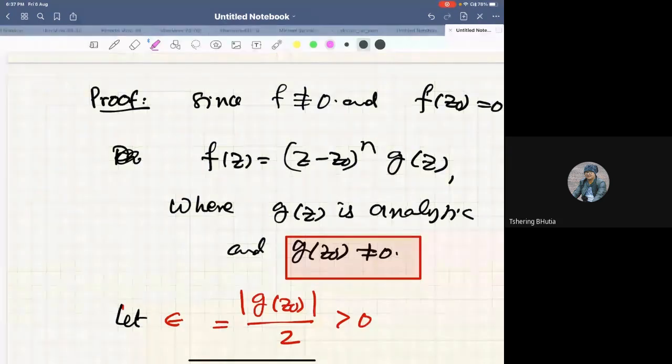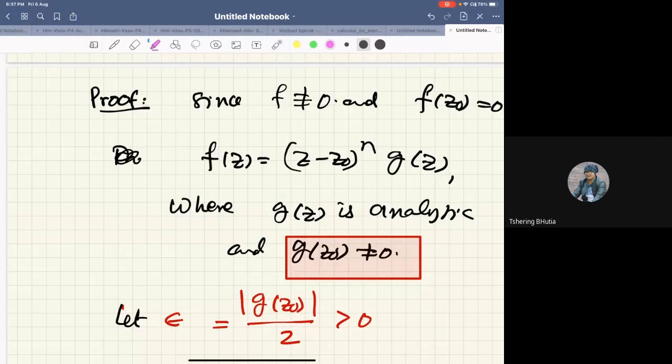No, what we want to say is that essentially we are using g of z naught not equal to 0, so that g of z is non-vanishing in some domain. Here it gives that at a point, and we want to show that indeed g is non-vanishing in some domain.